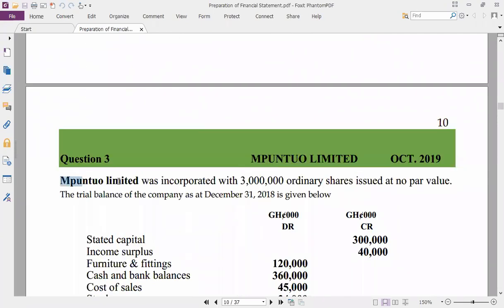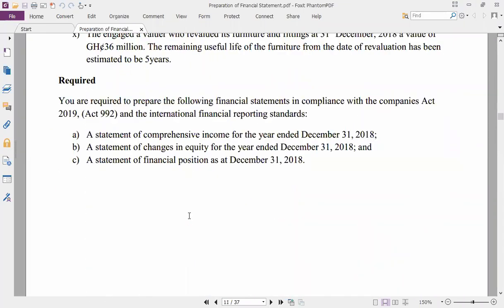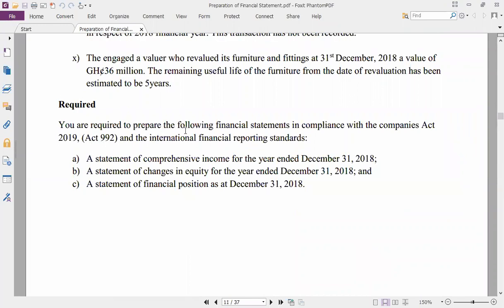Impuntio Limited. That is the name of the company. Let's go and see the requirements. You are required to prepare the following financial statements in compliance with the Companies Act, and the financial statement must comply with the country's Companies Act. If you are in the UK, it must comply with the Companies Act 2006.